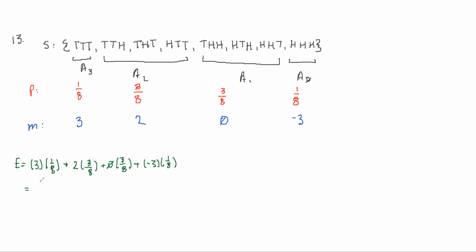So we're going to end up with 3/8 plus 6/8 plus 0 minus 3/8. So we end up with 3/8 minus 3/8, 6/8 is equal to 3/4. So our expected value is 3/4, or because in this case we're working with money, we're going to think about this as 75 cents.